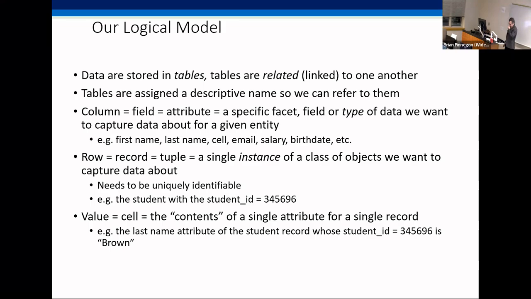So let's just make sure this has been gone through. Tables we talked about. Related: the relationship in relational database models is linking tables to one another. Everything needs to have a name, and that is something we talked about last week.